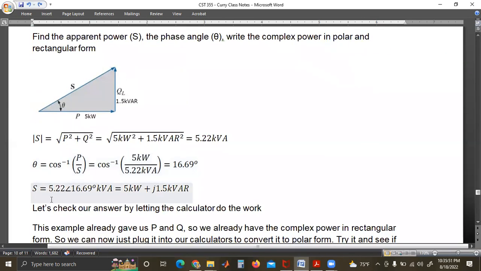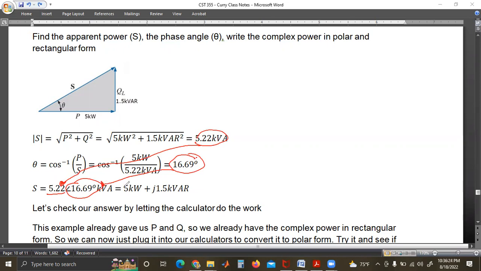To find your complex power in polar form, you pretty much already did the work. You got your magnitude coming from here, and all I'm really doing is plugging that in. Also you already have your phase angle. You already did all the work.